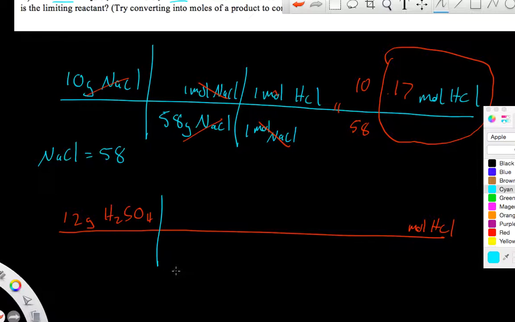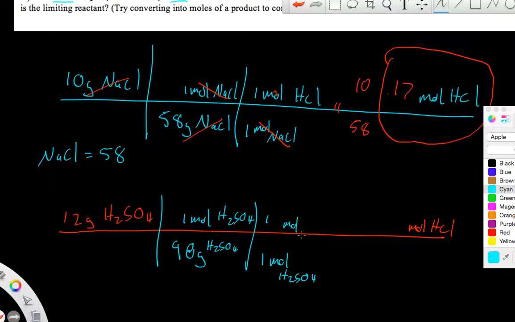It turns out that 1 mole of H2SO4 is equal to 98 grams. So 98 grams of H2SO4 is equal to 1 mole. And then 1 mole H2SO4 is equal to 1 mole of HCl.